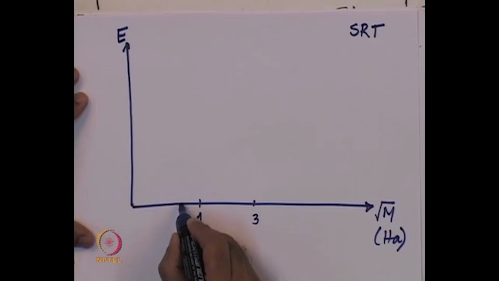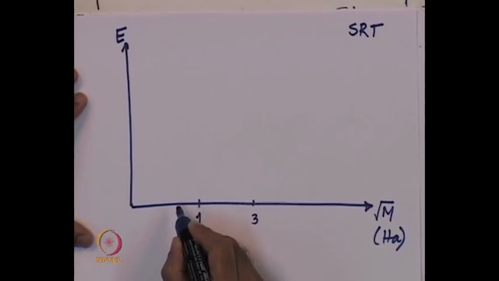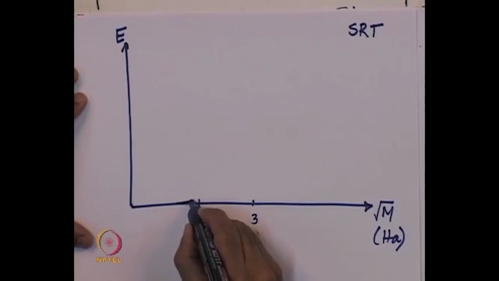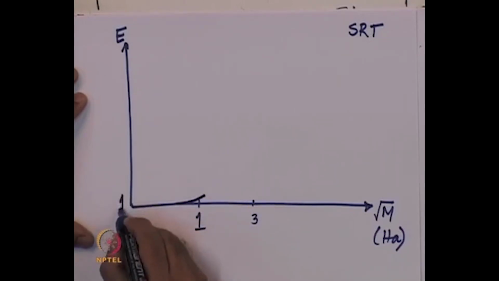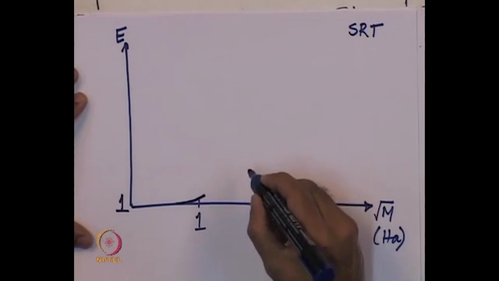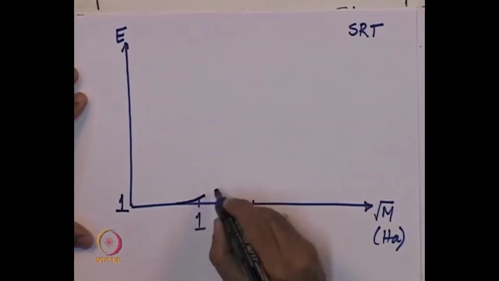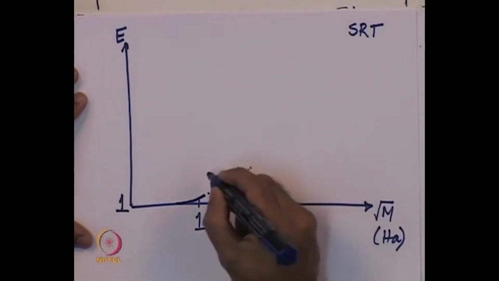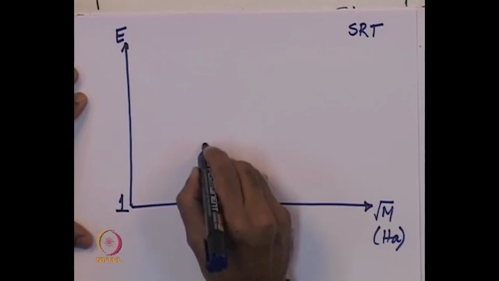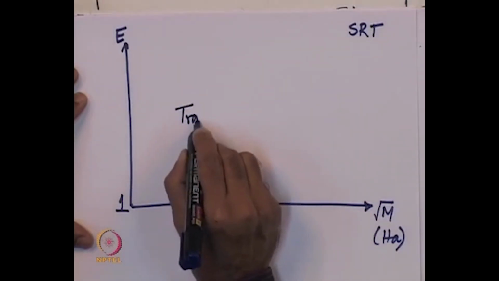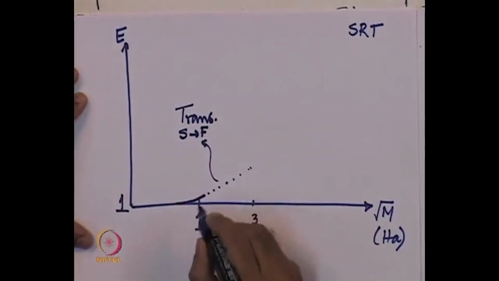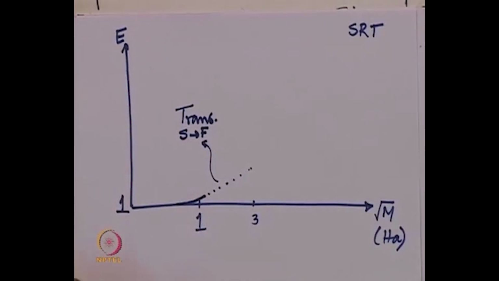And so, this is a slow reaction regime where we said that there is absolutely no difference between the surface renewal theories and the film theory, and about 1 the enhancement factors start to lift off the ground. So, this is 1, and we have a region here which I will show by dotted lines, which is the transition slow to fast, where there is a bit of a difference between the film theory and the surface renewal theory.